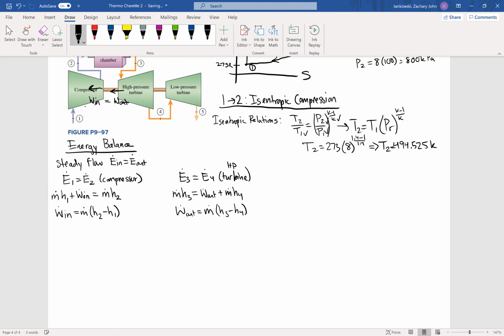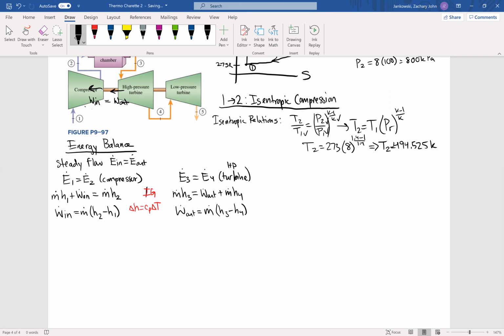Now, before we move on, we're going to note that for ideal gases, the change in enthalpy is equal to our constant pressure specific heat times our change in T, since we know that for ideal gases, enthalpy is strictly a function of temperature.